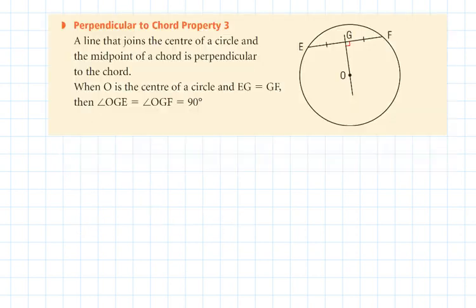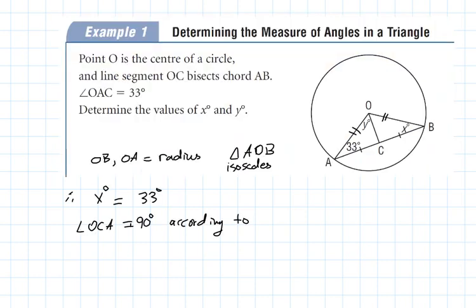Perpendicular to chord. I'm just going to write it there, shorthand, perpendicular to chord, property 3. Okay, so that is 90 degrees.